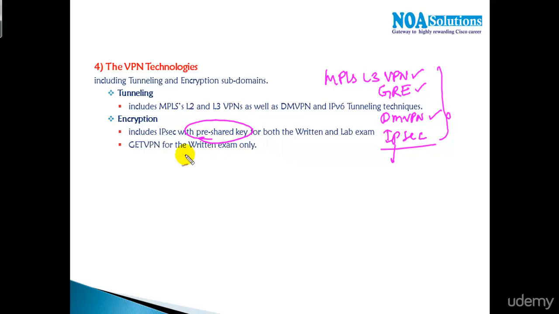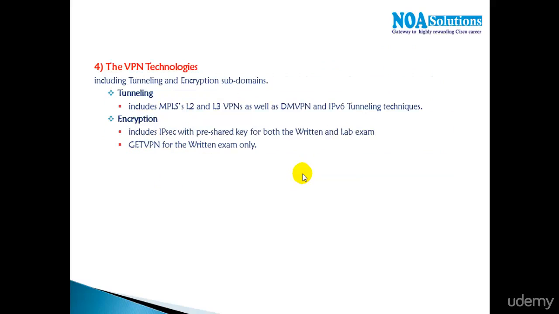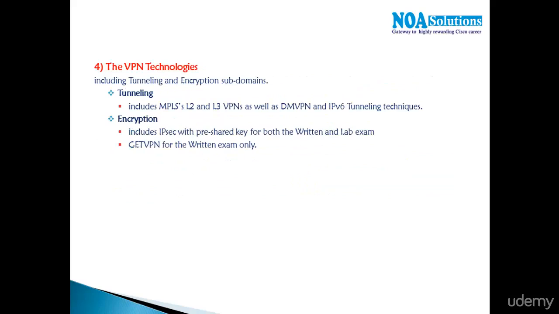And GET VPN only covers the written exam, which generally says just to describe GET VPN. But practically in the lab exam, you will be tested completely on these four major topics: L3 VPNs and L2 VPNs, and then GRE, DMVPN, and IPsec VPNs. In the previous version, there was no DMVPN implemented.